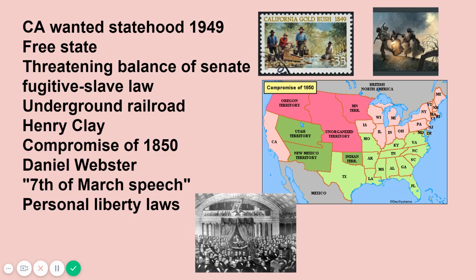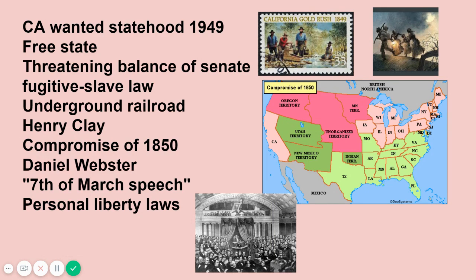Now, another issue that was taking place at this time: the South was really upset that they were losing a lot of their slaves to the North. The federal government had a fugitive slave law that said they could reacquire or capture their escaped slaves, their fugitive slaves, when they went to the North.